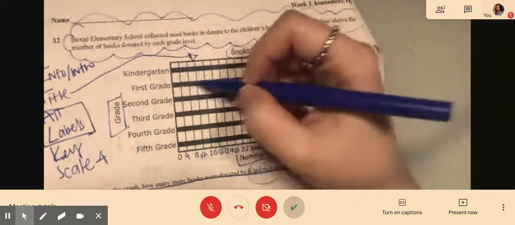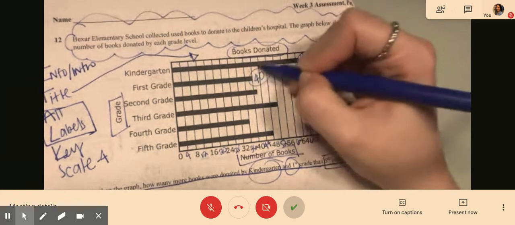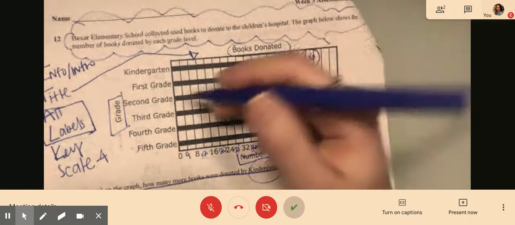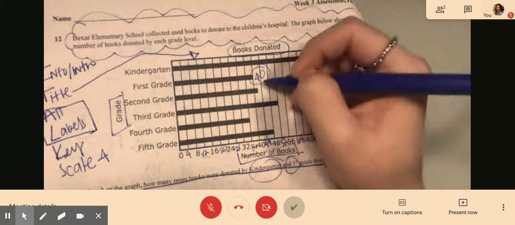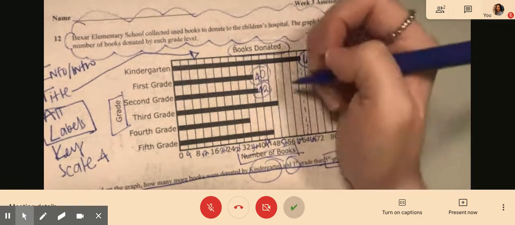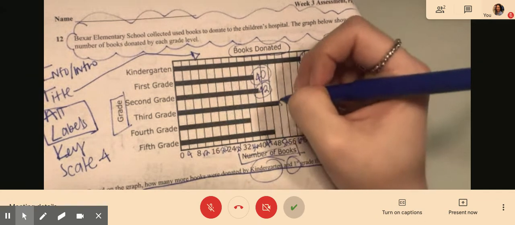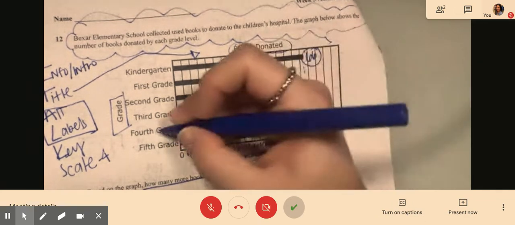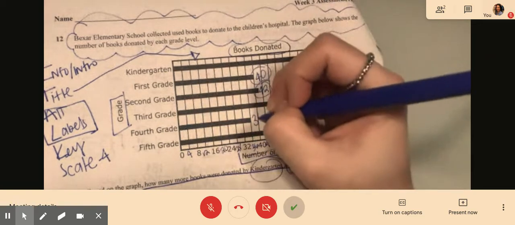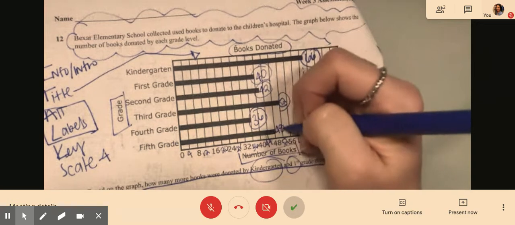First grade, there was 40 books donated, and I'm going to lollipop. Second grade was 42 because it's between 40 and 44. Third grade was 52. Fourth was 36. And fifth grade was 48.